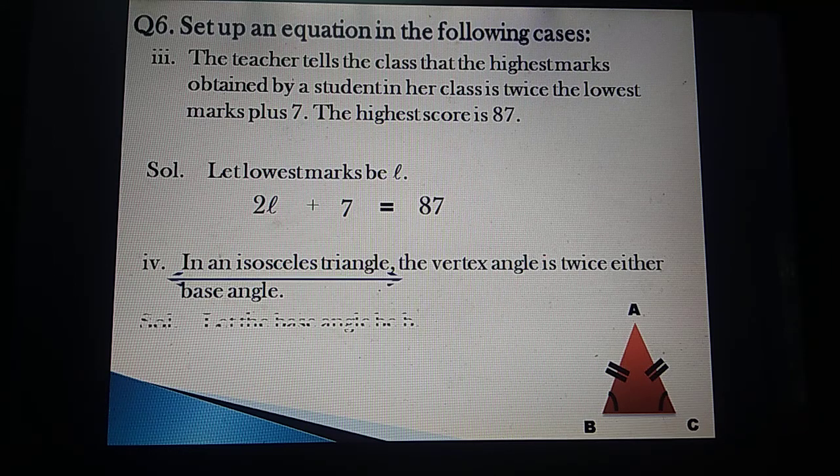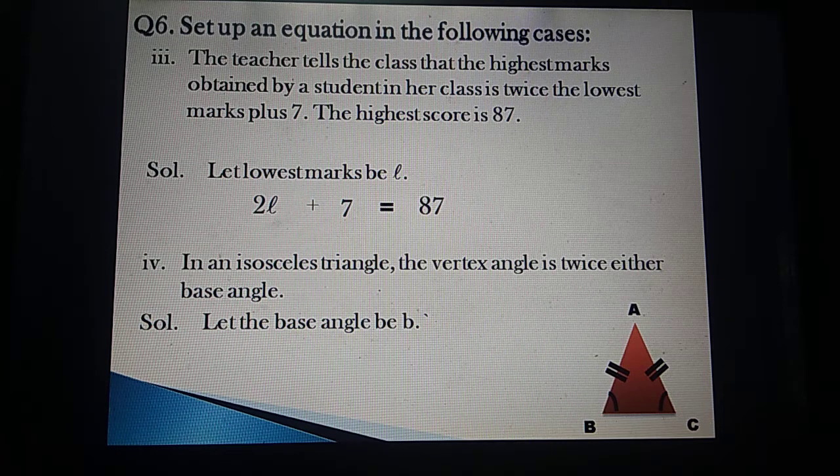So what we do here is we will first assume the base angle to be B. Because we are assuming the base angle B, here in the diagram the value of angle B and angle C will be equal to B. So the base value we are assuming as B.